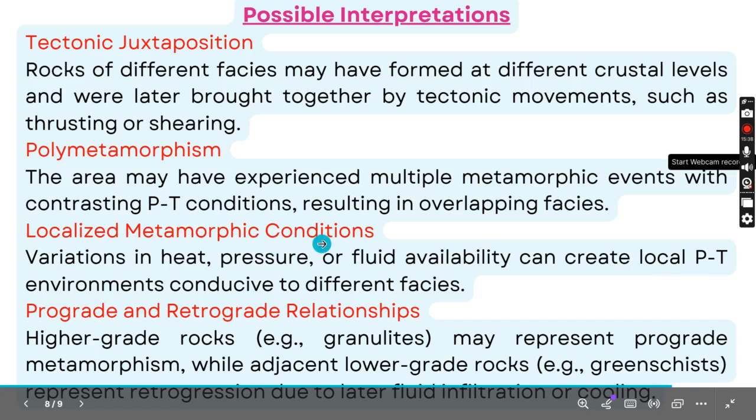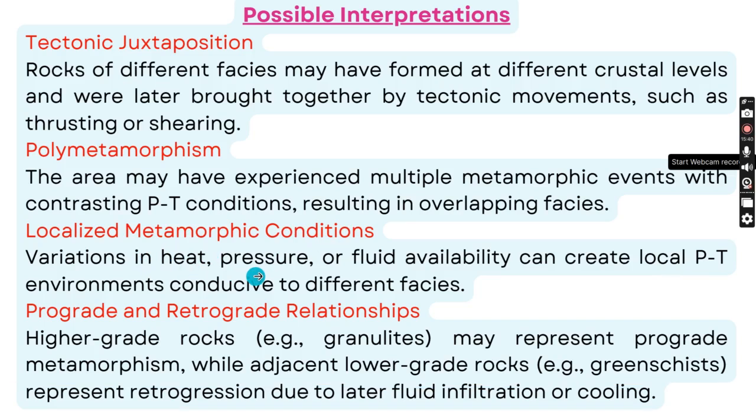Now localized metamorphic condition, of course, variation in heat, pressure and fluid availability can create local pressure, temperature and environment. That is one reason. Another one is protolith. Since this is a stratified layer metamorphism, this is metasediment, sedimentary bedding, and the sediment protoliths were different in nature.